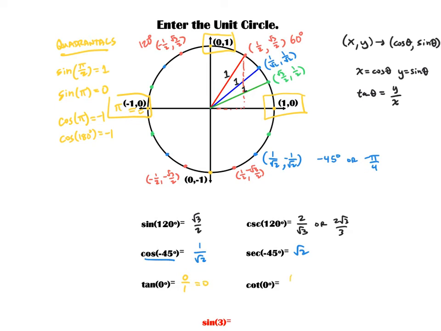Well, the cotangent would then be 1 over 0. What would that be? That would actually be undefined. So the cotangent function is undefined at 0 degrees. It's also undefined at 2 pi, at 4 pi, and at 6 pi, etc. So you can see how coterminal angles will yield you similar ratios.